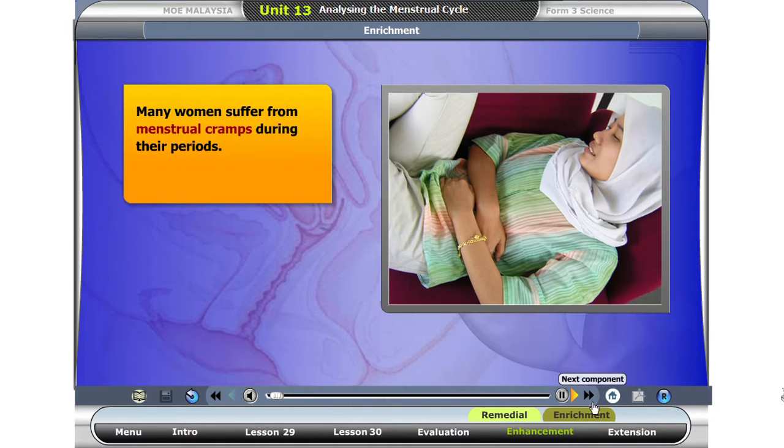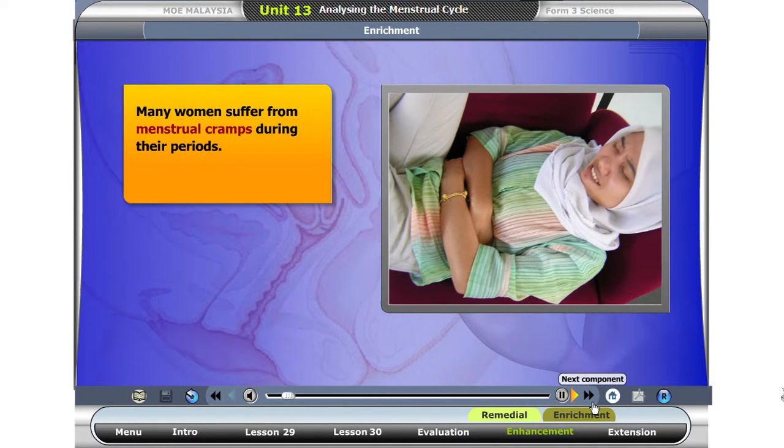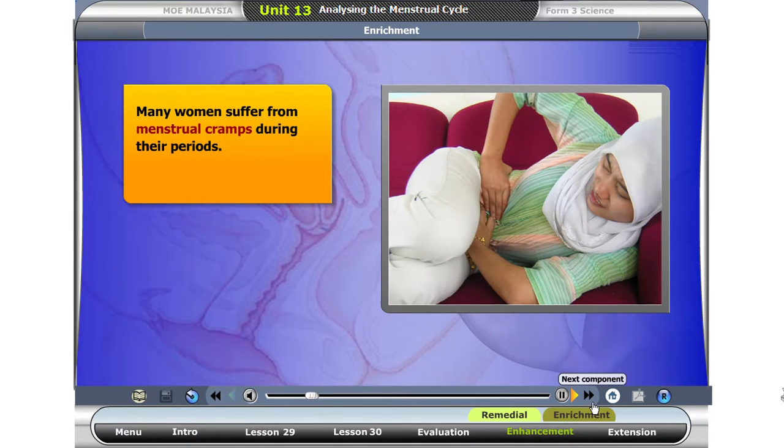Many women suffer from menstrual cramps during their periods. This is the abdominal pain that a woman feels a few days before their menstruation. This pain may carry on even until a few days during menstruation.